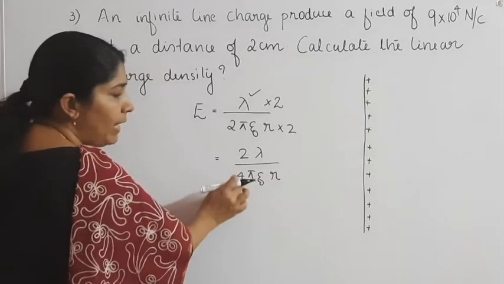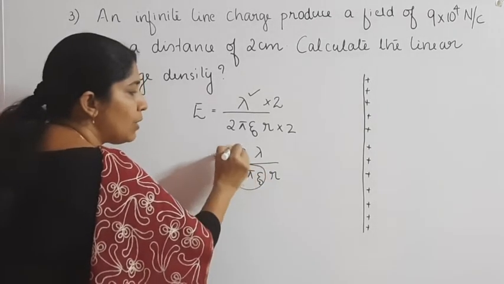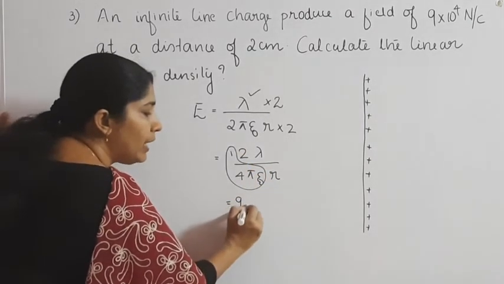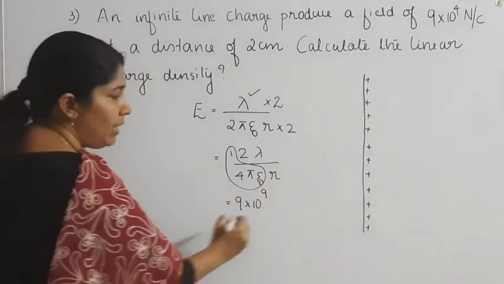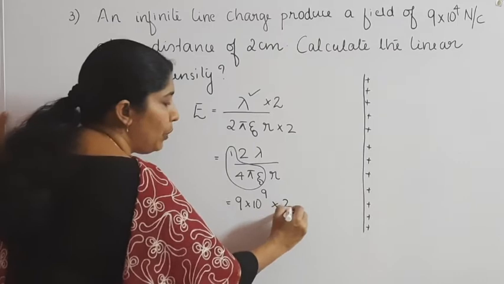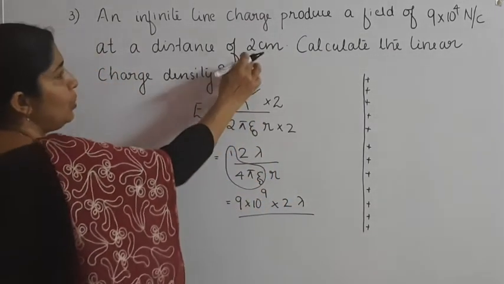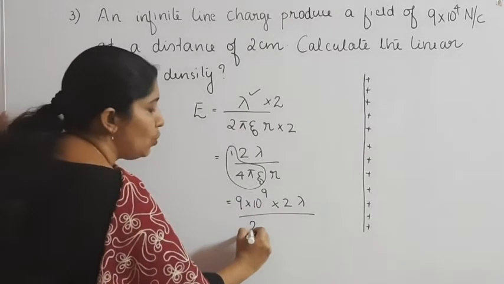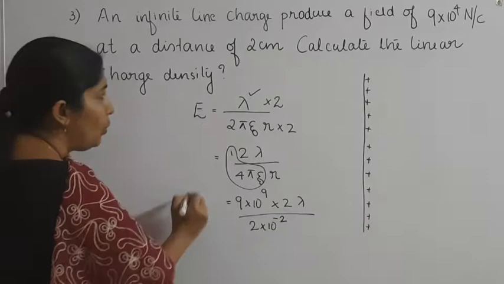What about 1 by 4 pi epsilon 0? 1 divided by 4 pi epsilon 0 is equal to 9 into 10 raised to 9. That is 9 into 10 raised to 9 into 2 into lambda divided by R. What about R? R is equal to 2 centimeter, that is 2 into 10 raised to minus 2, equal to the electric field.